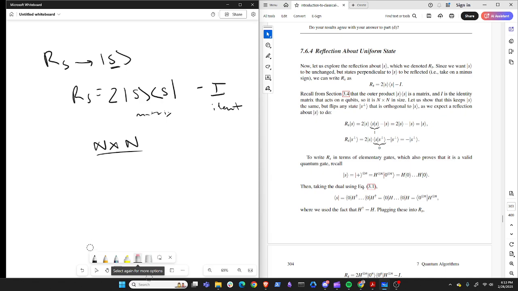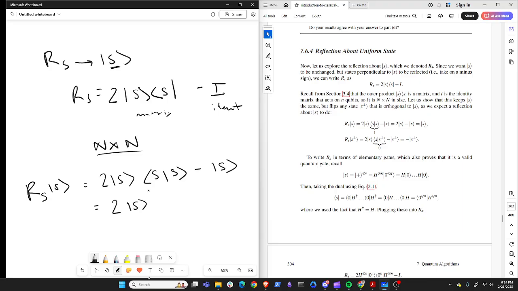So rotation of state S is equal to 2S times the inner product of S, minus S. This is just a way of rewriting our outer product. Obviously the inner product of S with itself will equal 1.